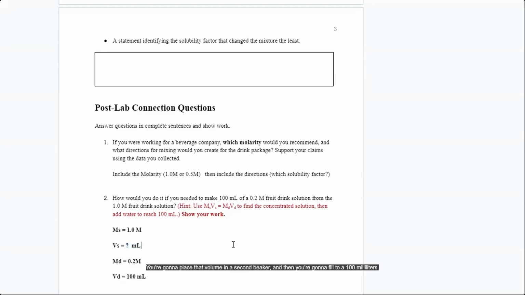You're going to place that volume in the second beaker, and then you're going to fill to 100 milliliters. So how much water do you need to add? Okay, so that's going to be the 100 milliliters minus the initial volume.